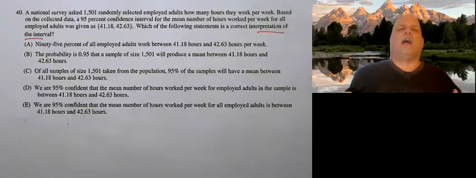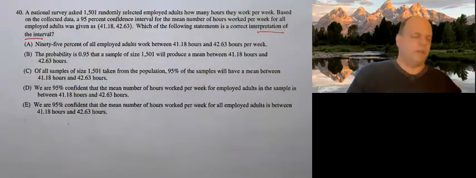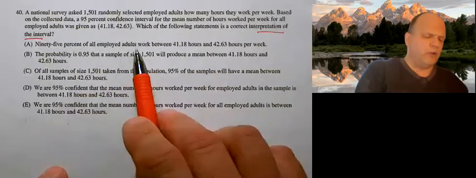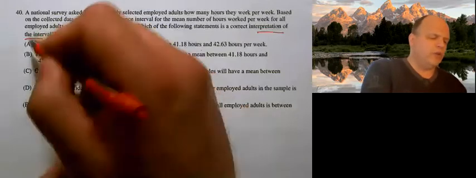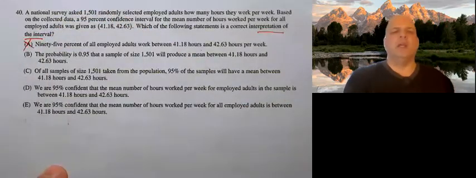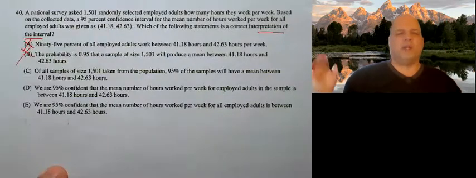So we are 95% confident the true population mean amount of hours worked per week lies within the interval. So 95% of all employees work between this. No, we didn't say that. We're just 95% confident we have the mean. The probability, we don't like saying that. Just get rid of it.